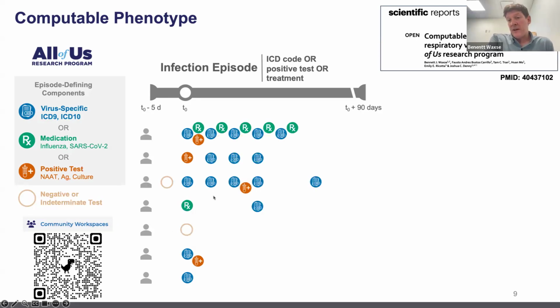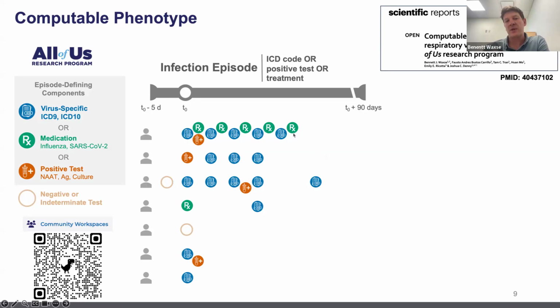So for everyone else, all subsequent information that's related to this episodic disease is probably related to the first instance of the disease. So say you are hospitalized for influenza and then you follow up with your PCP later. You might get another ICD code for influenza later. And so in this phenotype, we wrap up all concordant information within 90 days. And so you can see here, this top row person, they had a test, an ICD code, and a medication all on the same day.